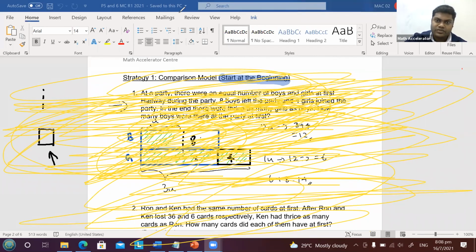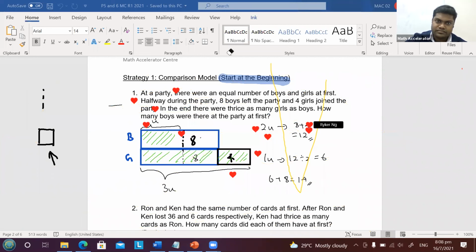Okay, please don't do that. Okay, yep, very nice heart shapes. Cool.